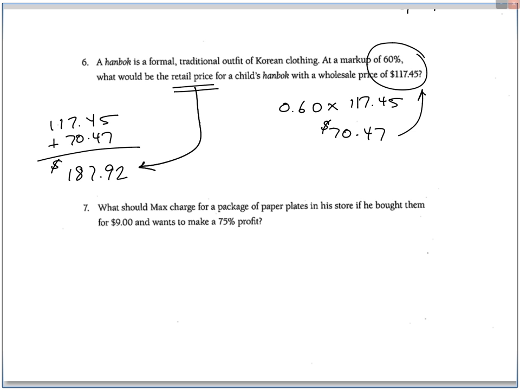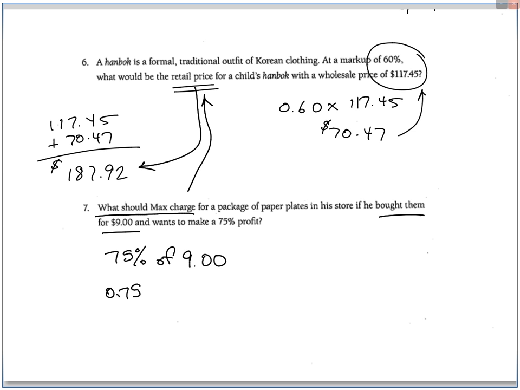Next one is about what should Max charge. That's also retail price. So just looking for the retail price. He buys them for $9 and wants to make a 75% profit. So same sort of question. You need 75% of 9.